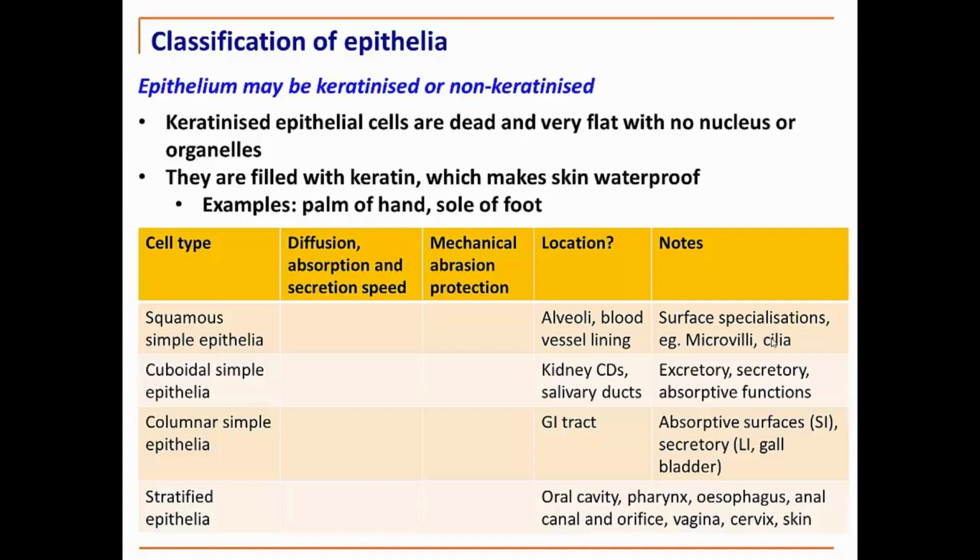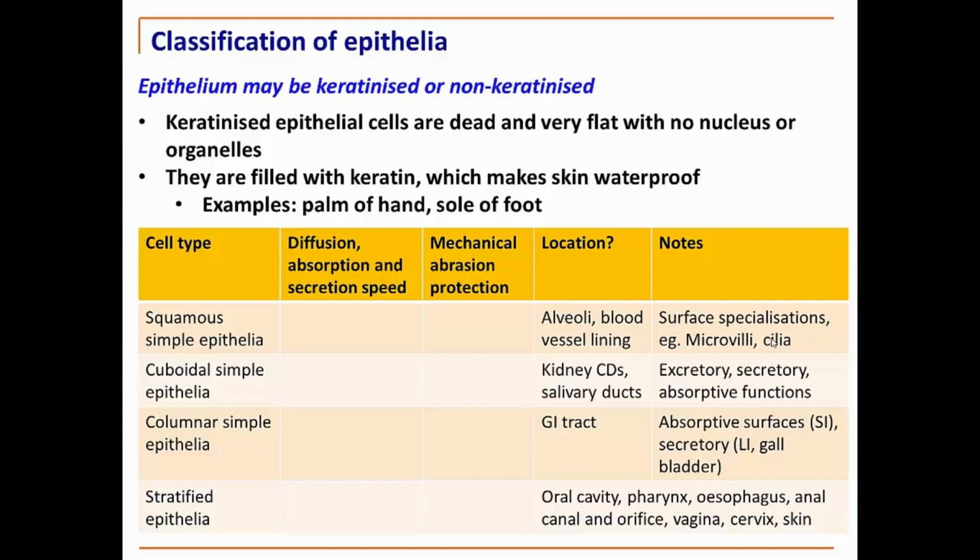So really in each case, your cell type, your locations and any additional notes, I just want you to think: is diffusion, absorption and secretion across those epithelial layers going to be fast or slow? Just fast or slow, or very fast and slow. And does it give you any mechanical abrasion protection? So does it protect against knocks and bumps within that tissue itself?